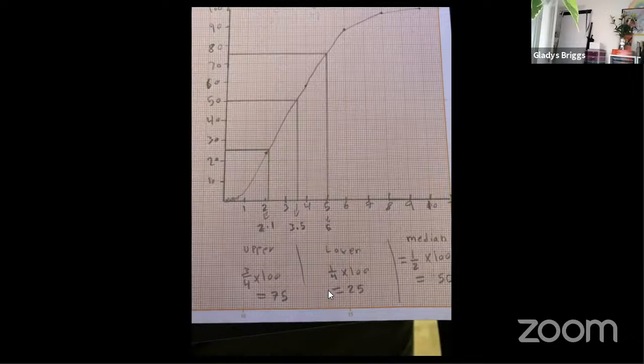I can see your upper limit, which you got to be 75, and you followed it down here to get your answer to be 5. You need to write that down: upper quartile equals 5 here. And then your middle quartile is 50, which equals 3.5. And your lower quartile is 25, which you got to be 2.1.